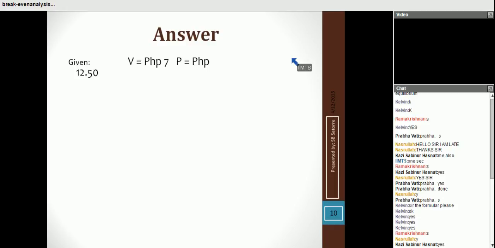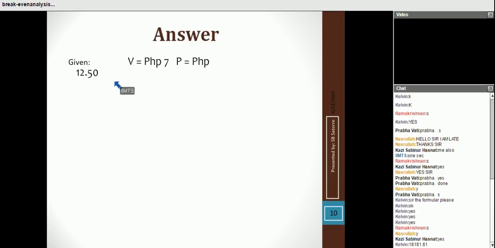Now we have to find the break-even analysis or the value of X. So V is 7, P is 12.50, and fixed cost F is 100,000. Solution. We know this formula, X is equal to F over P minus V. F is 100,000 divided by P, that is 12.50, minus V, 7.